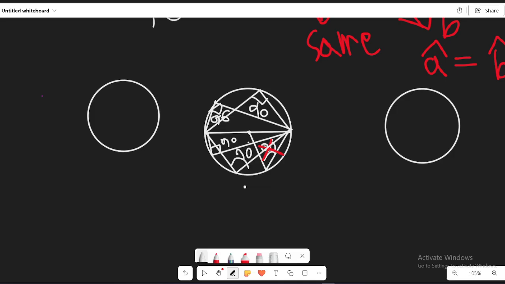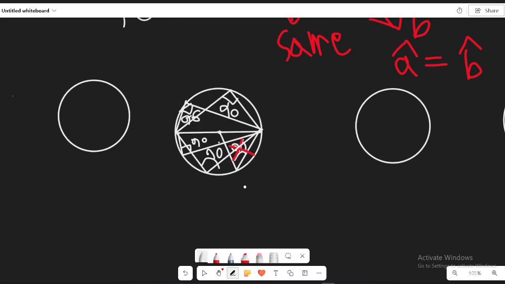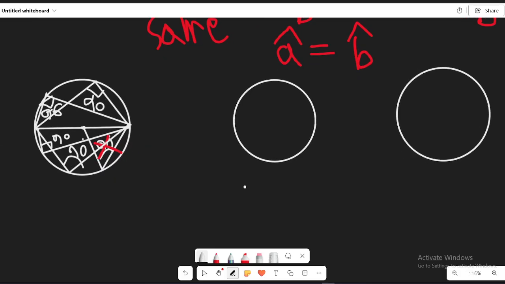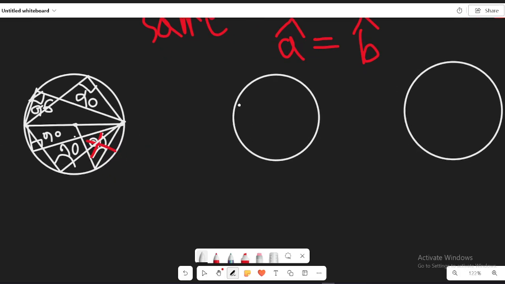Right, what's next? Next one is called the cyclic quadrilateral. So what does that say? Say we have a quadrilateral inside. It can be same-sided, it can be different-sided, doesn't matter.